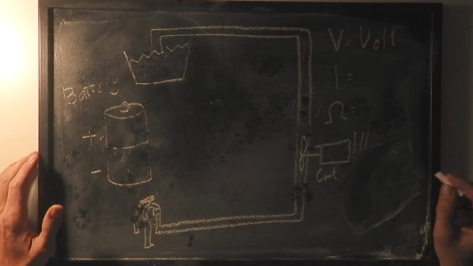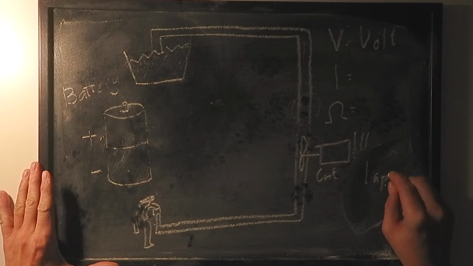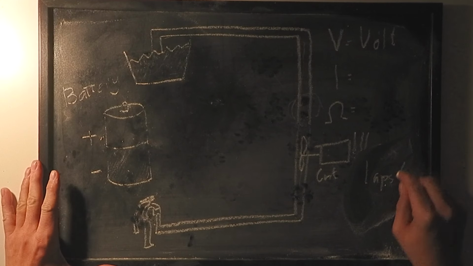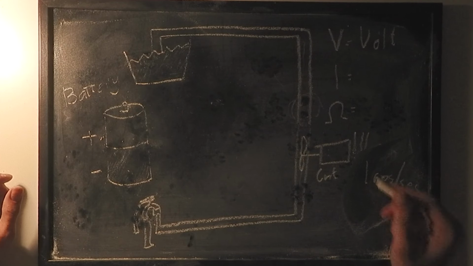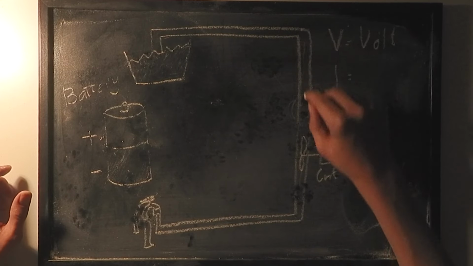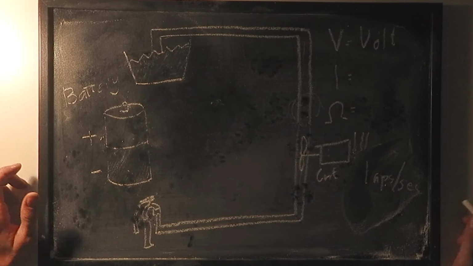If we were to count the number of laps, so the number of times it does a full circle per second, then we have a value of the strength of this flow of water, right?